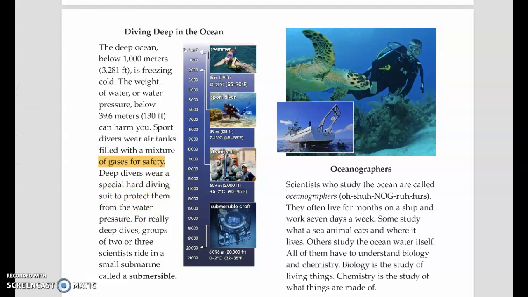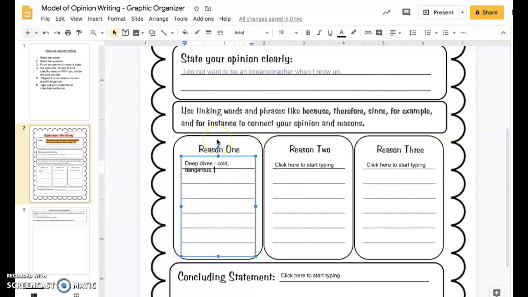So I want to tell you, why is it dangerous, right? So cold, dangerous, deep divers have to wear protective gear and use special air tanks.